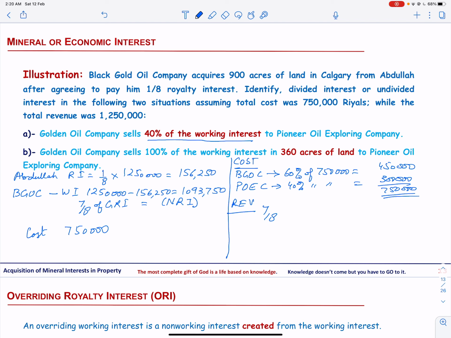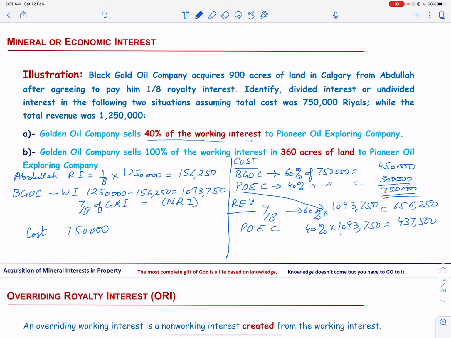And 7/8 of the gross revenue from this 60 is equal to 1,093,750, and 60% of this amount will be claimed by the Black Gold Oil Company, that will be equal to 656,250, and for Pioneer Oil Exploration Company it will be 40% of 1,093,750, that is equal to 437,500.